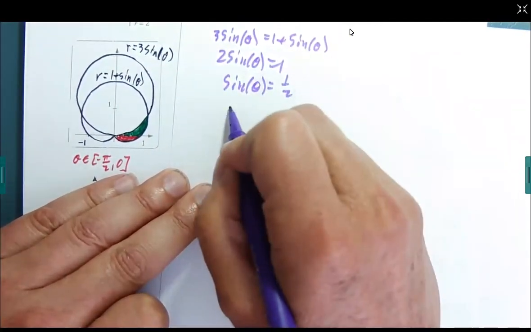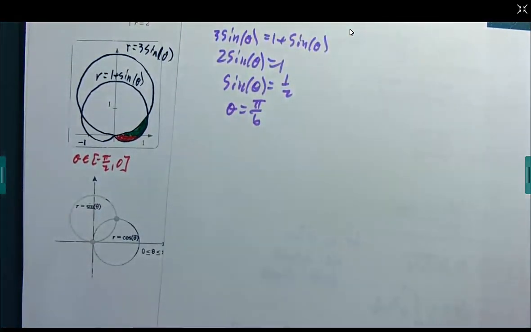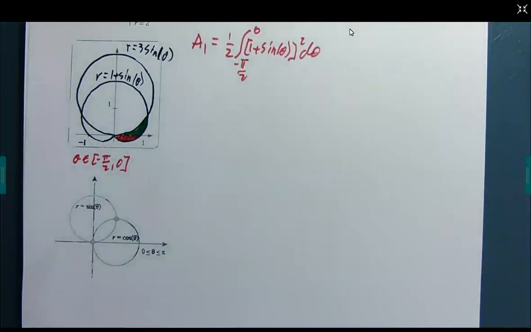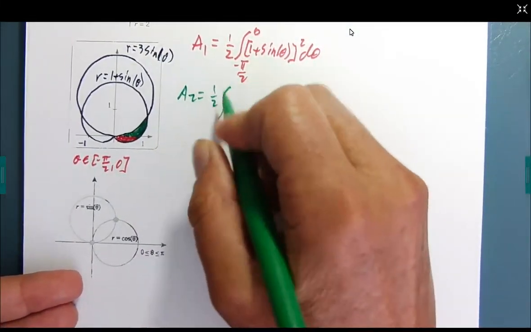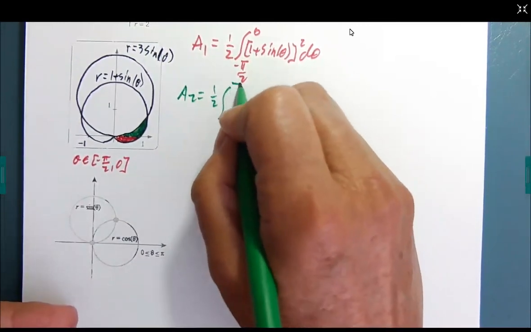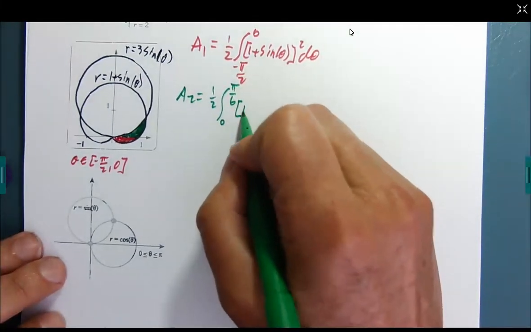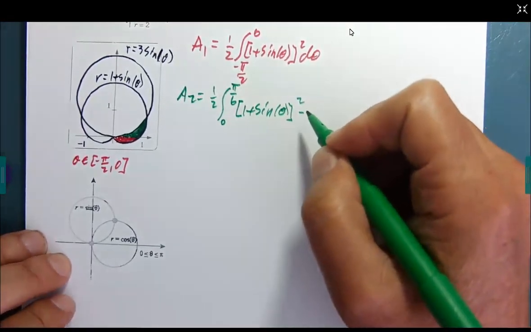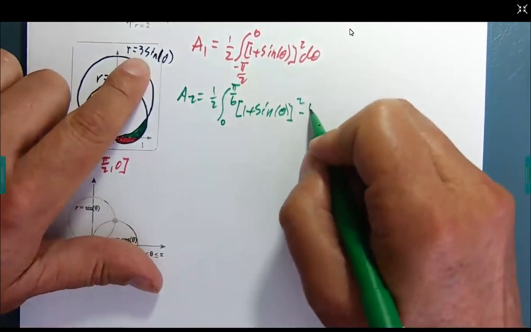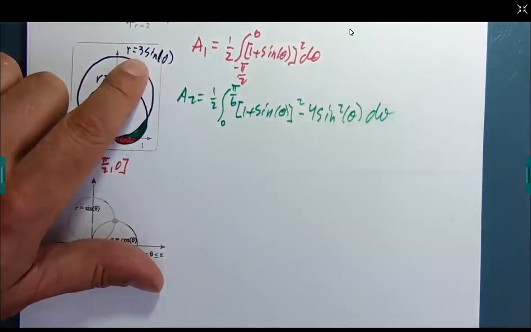Sine theta is one half, that's when theta is pi over 6. So our new boundaries for the green is going to be 0 to pi over 6. Of function 1 plus sine theta squared minus 4 sine squared theta. That's all d theta.